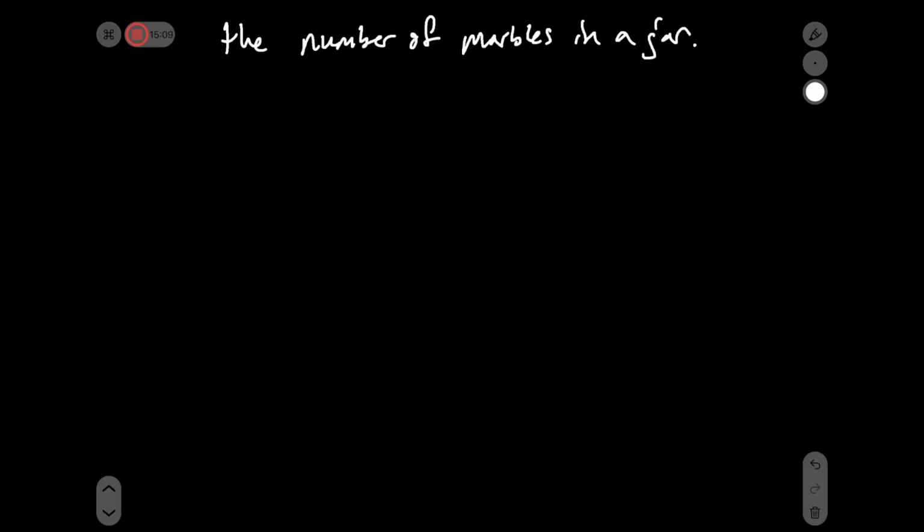So obviously this is a quantitative variable, and it's also discrete, right? So we'll assume that none of the marbles are broken, so you can't have half of a marble, or a marble that's been crushed into a million pieces or something like that. Now, is this ratio scale or is this interval scale? And think about that for a second.